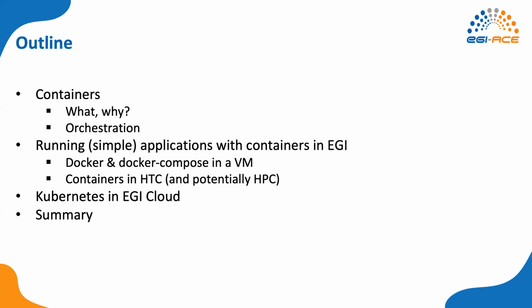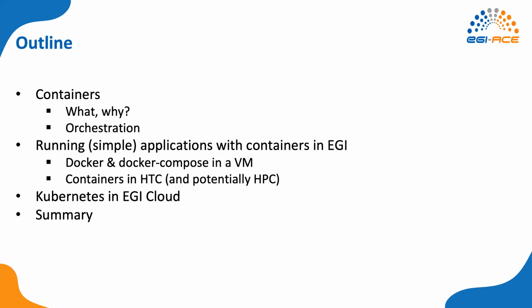This is the outline of the presentation. First I will start with what a container is, what we mean here by containers, and why we should use them, and then a bit on orchestration. Containers are nice for running applications, but when it gets complex, you need something else. Orchestration is something that normally comes when you start using containers on a big scale.